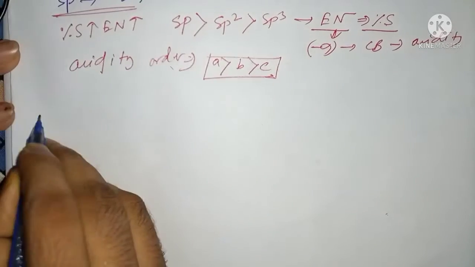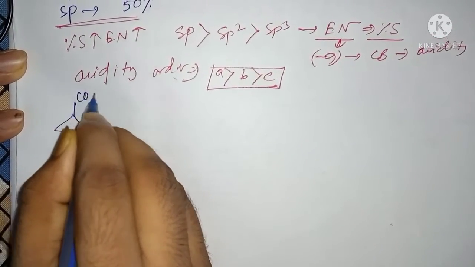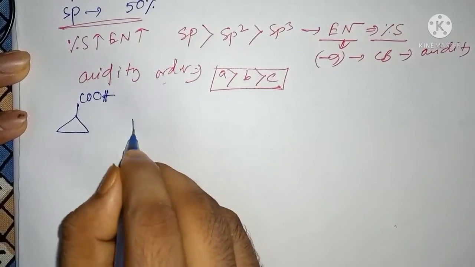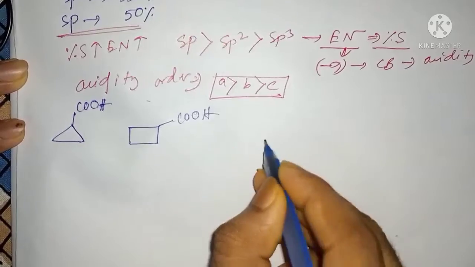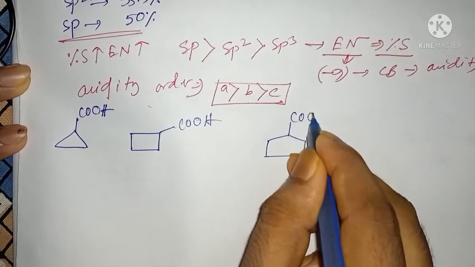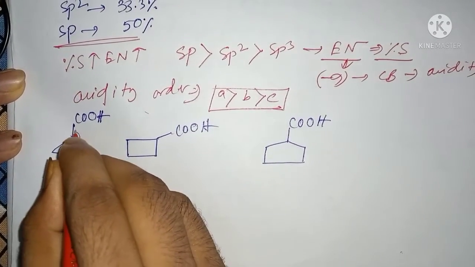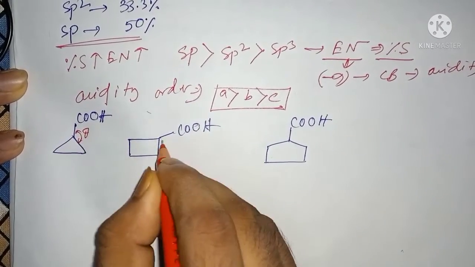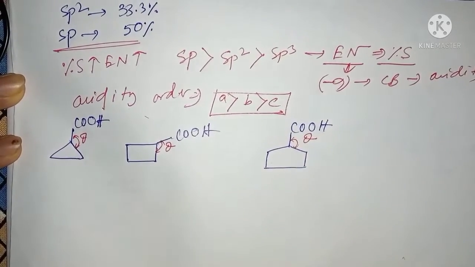Now another example. This is a 3-member ring COOH, a 4-member ring COOH, a 5-member ring COOH. This is the outer angle theta, the outside angle theta.